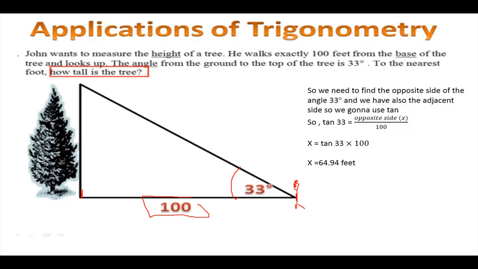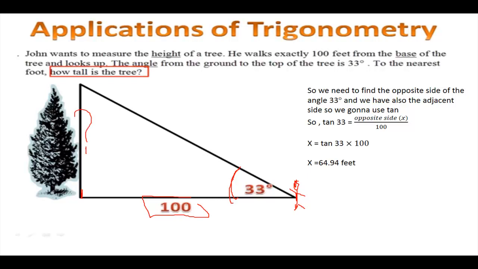Sorry for the drawing. Here is John. John looked up to the top of the tree and found the angle of elevation is 33 degrees. He needs to find the height of the tree.